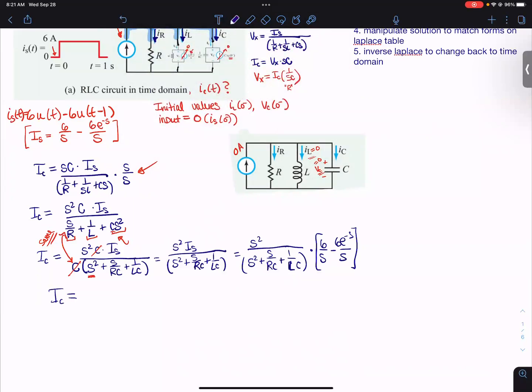And so I have S squared over S gives me 6. And one of those S's is going to be removed. And then it's a minus, again, 6, or S squared divided by S just gives me 1S.